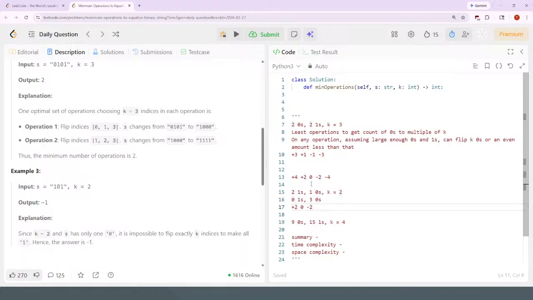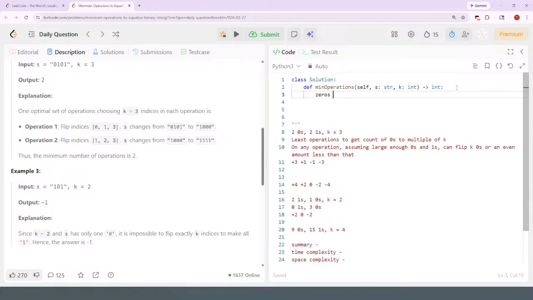Say k is 6, then it's like toggling 6. If there's an odd number of zeros, I would need to toggle 6, 5 and 1, 4 and 2, 3 and 3. Yeah, it's not possible.